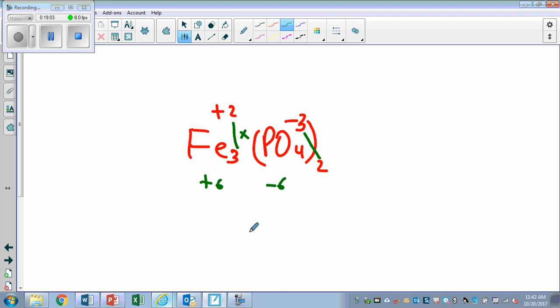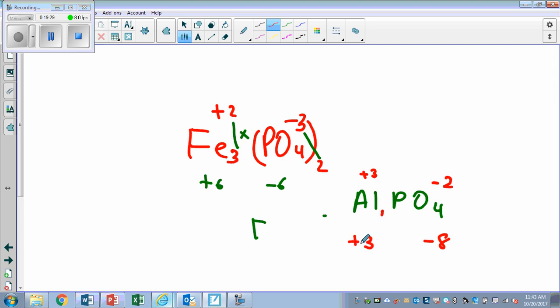You can even figure out, let's say, AlPO4. So let's calculate the oxidation number for each one of them. So for oxygen, I know it is negative 2. I know aluminum is plus 3. So multiply them together, it's negative 8. This one, it's plus 3.